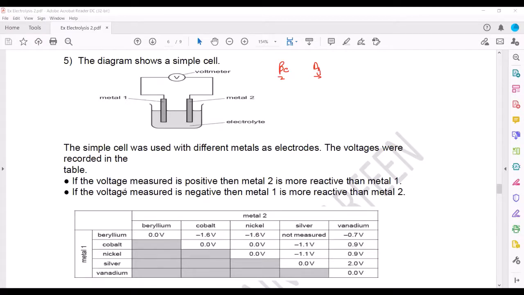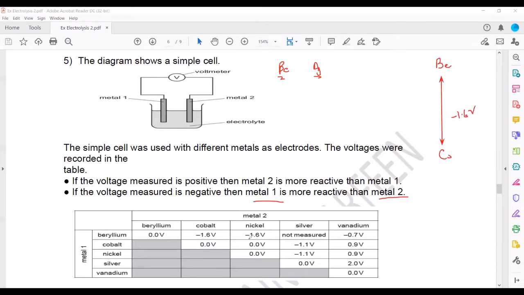As you can read in the first line, if voltage is negative, metal 1 is more reactive than metal 2. So when we use beryllium as metal 1 and cobalt as metal 2, the voltage is minus 1.6.